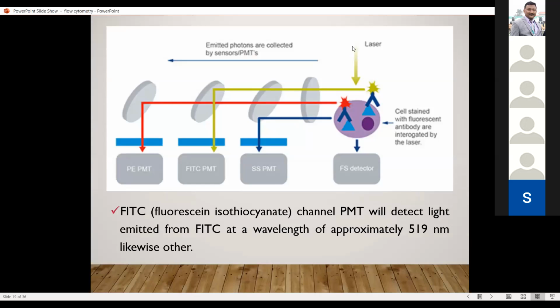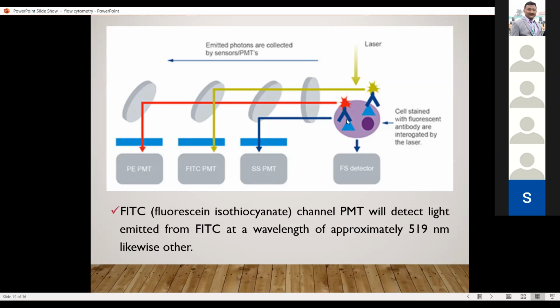This is a laser, this is a cell. There are two antibodies. These are antigens. These are specific antibodies which are binding to a specific epitope. These red and yellow ones, you can see, are fluorochrome molecules. When these fluorochrome molecules come across this laser light, they start emitting light. This yellow one has a particular wavelength, and this red fluorochrome molecule has a particular wavelength.